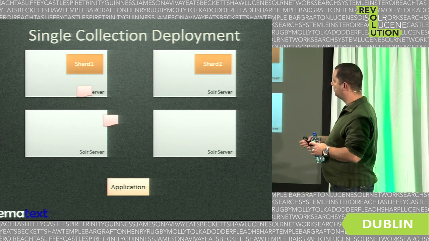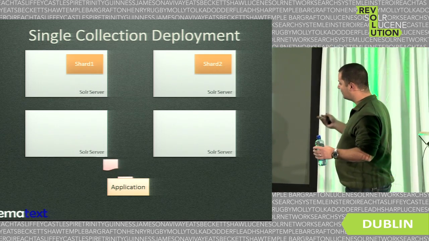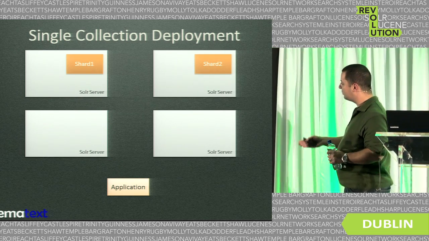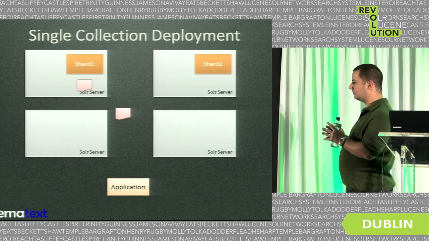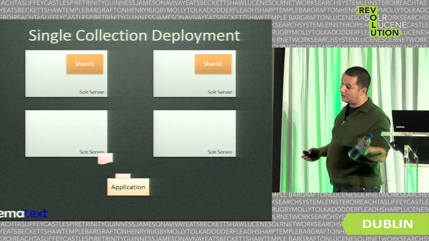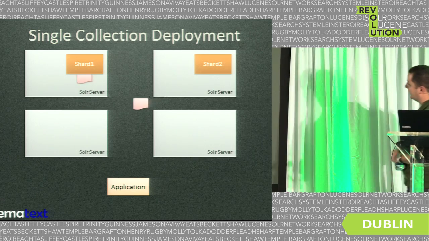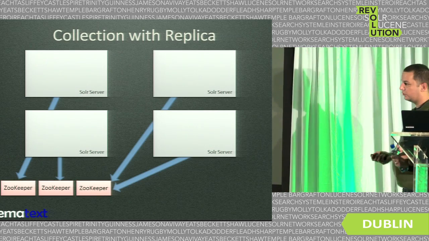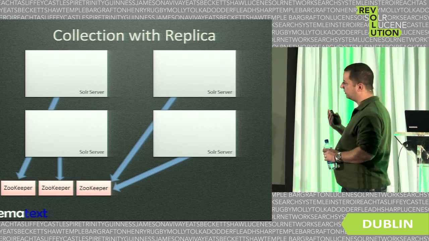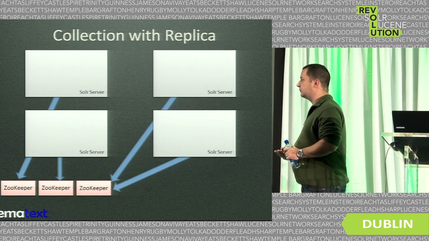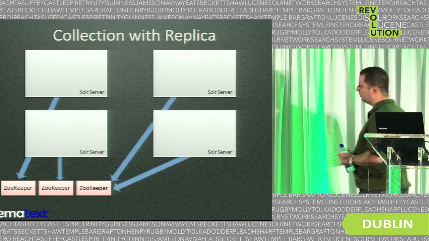So the view is very simple and logical: the documents are distributed one to the left and one to the right, one to the left and one to the right. However, of course, in order to have fault-tolerant clusters with high availability, we want replicas.